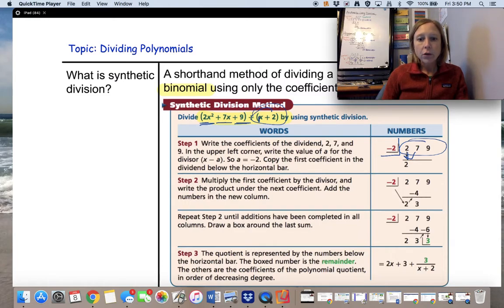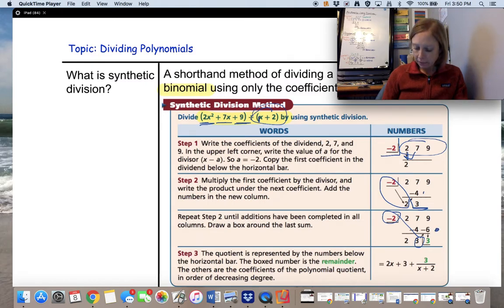Now we're going to go through a process of multiply, subtract, multiply, subtract. So we're going to multiply 2 times negative 2, which is negative 4, or I'm sorry, not subtract, add. And then we're going to add 7 plus negative 4 to get 3. Now repeat the process. 3 times negative 2 is negative 6.